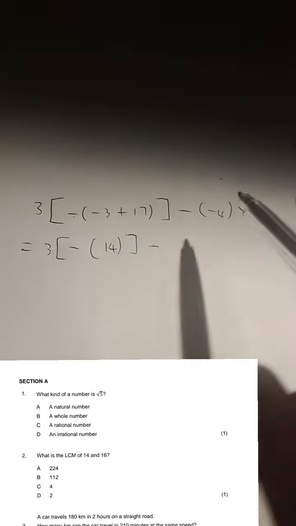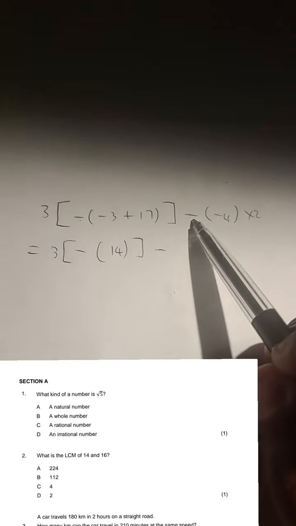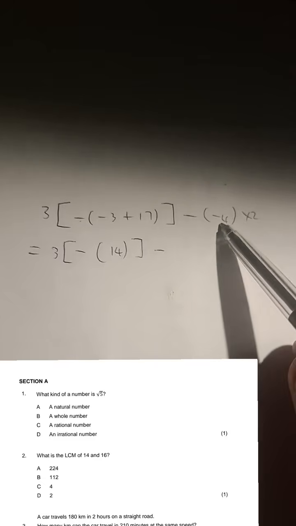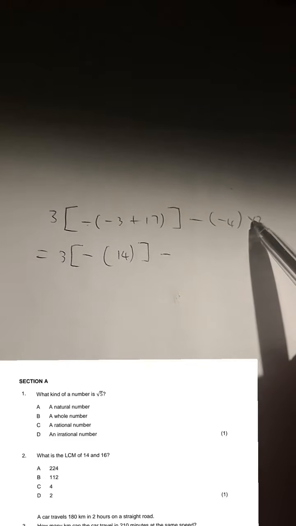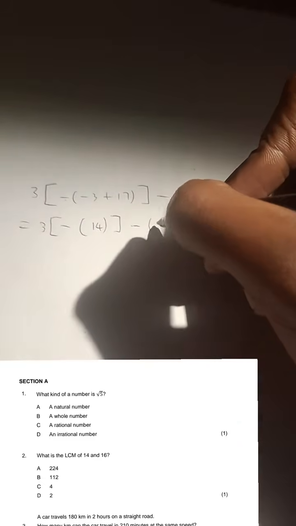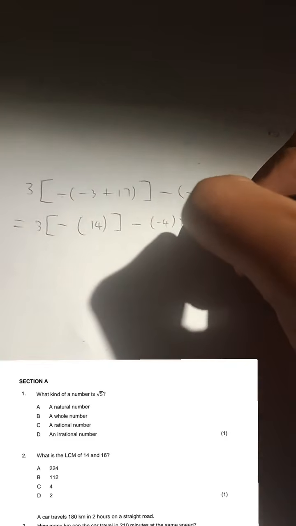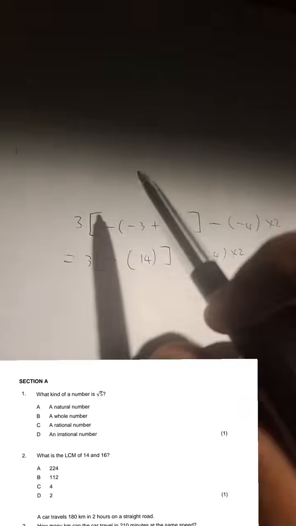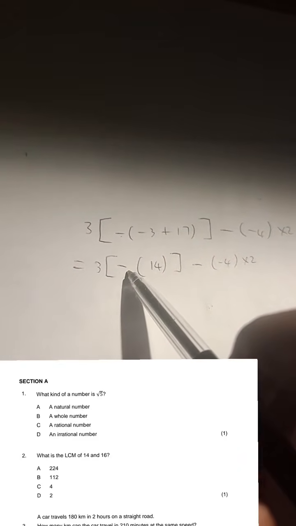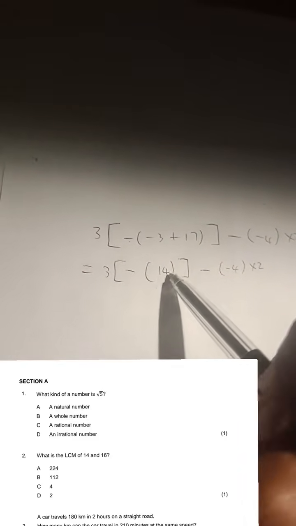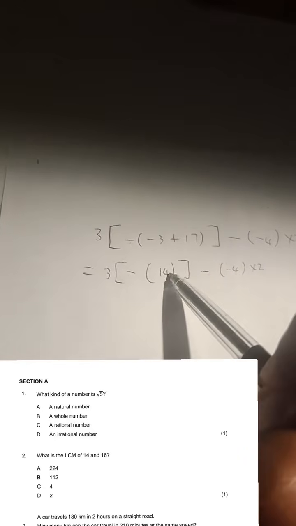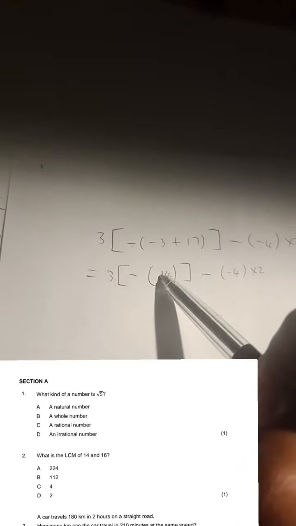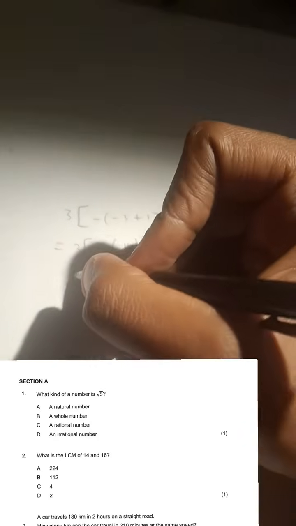Then we have this negative sign and this negative 4 times this 2. Then, still the smaller bracket, negative into 14, negative times positive, because brackets mean multiply.